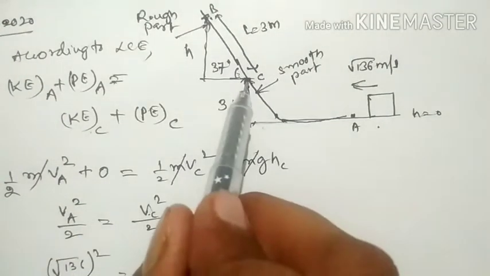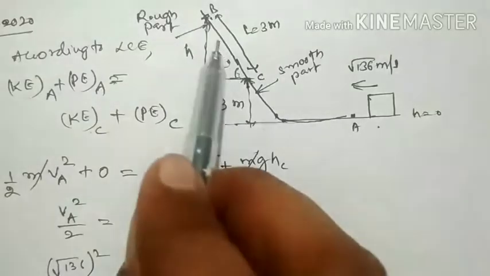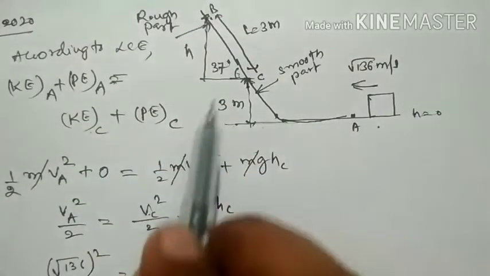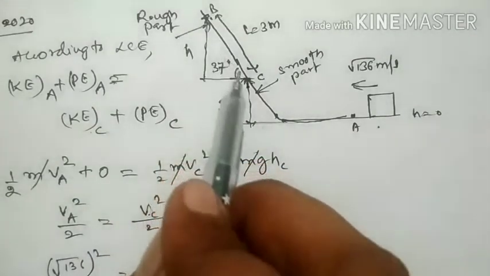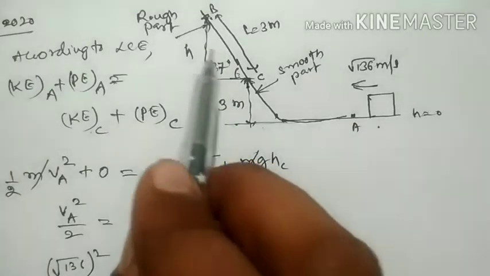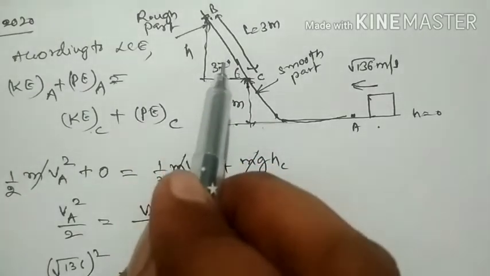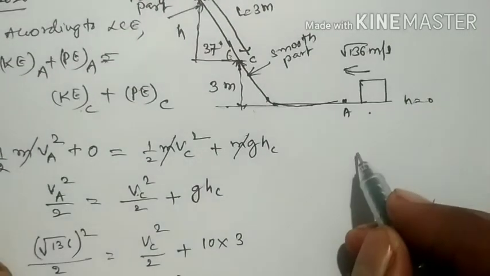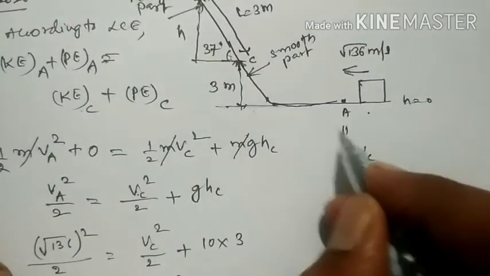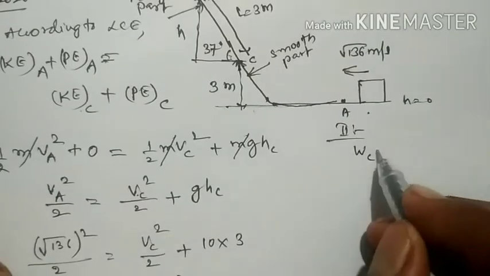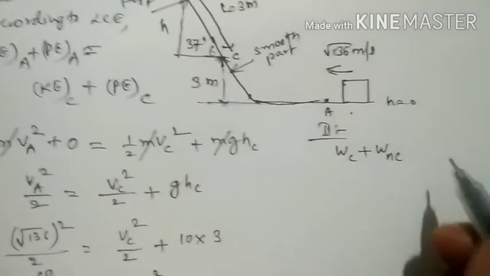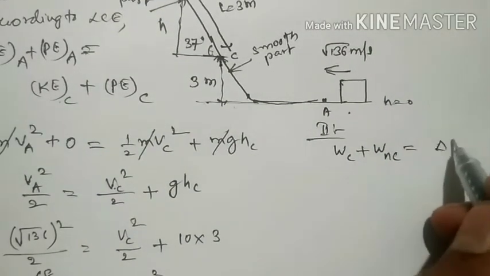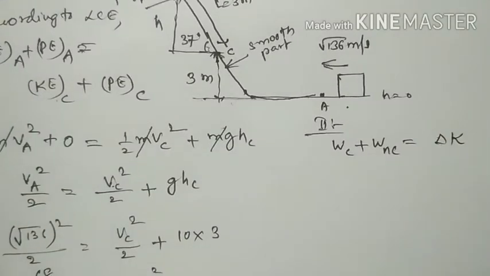Because as the body moves upwards, the kinetic energy of the block is going to decrease. So work done by the frictional force plus work done by the conservative force, that is mgh, both must be equal to the change in kinetic energy. So for the second section I am considering work done by conservative force plus work done by non-conservative force must be equal to the change in kinetic energy.